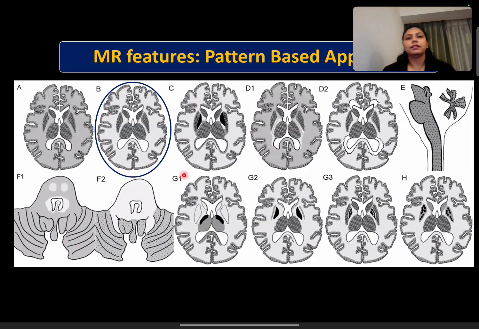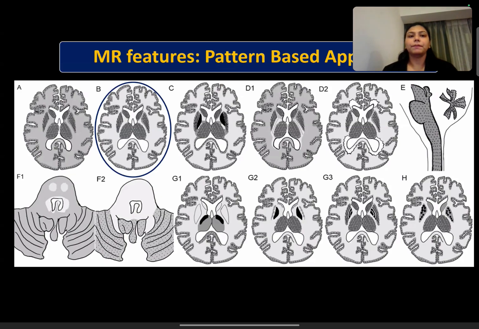So in hypomyelinating leukodystrophy also, by using a pattern-based approach along with clinical clues, we can reach certain specific patterns of hypomyelinating leukodystrophies as well.